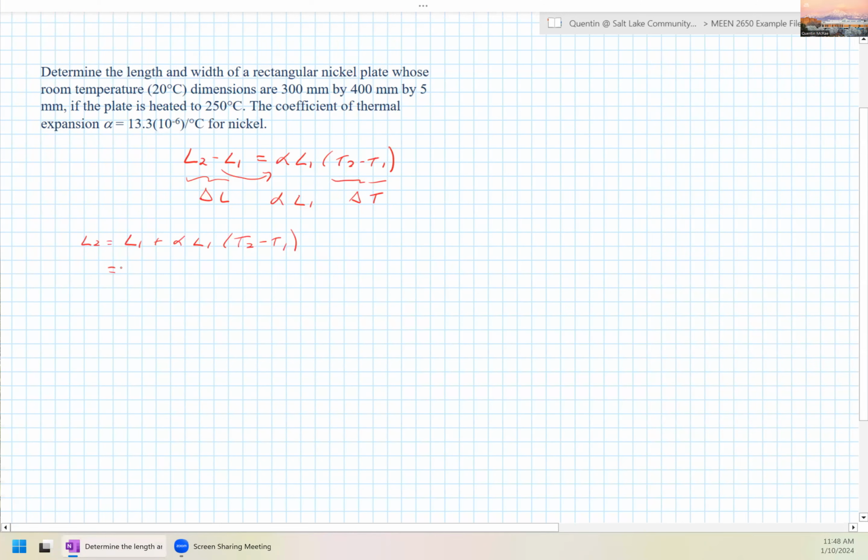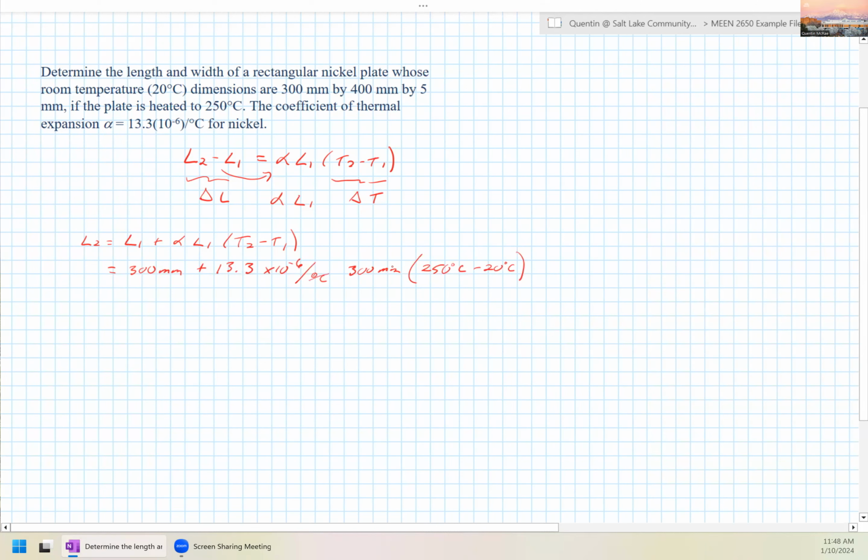We're going to say L1 is 300 millimeters plus alpha, which is 13.3 times 10 to the minus 6, and that's per degree Celsius, times the length of L1, which is again 300 millimeters, times T2 minus T1, so 250 degrees C minus 20 degrees C.